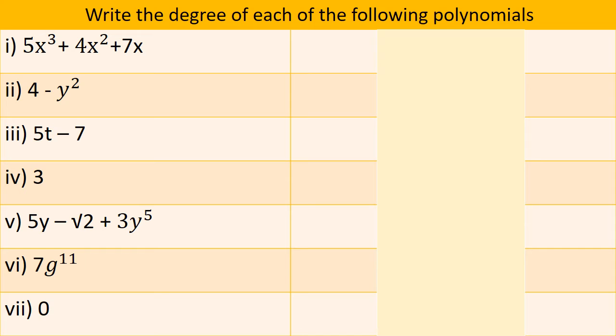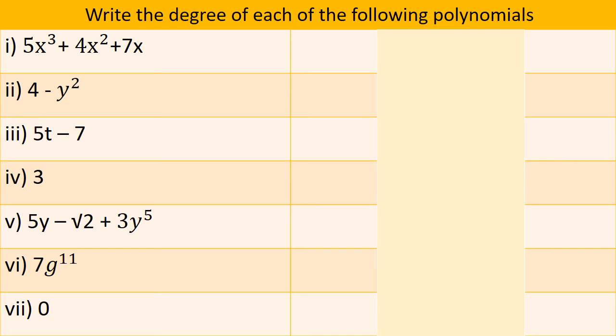Write the degree of each of the following polynomials. Here you have 7 examples, just have a look and see what the degree of each polynomial is. Already I told you, if you want to write the degree of a polynomial, you have to observe the polynomial and check which variable has the highest exponent.